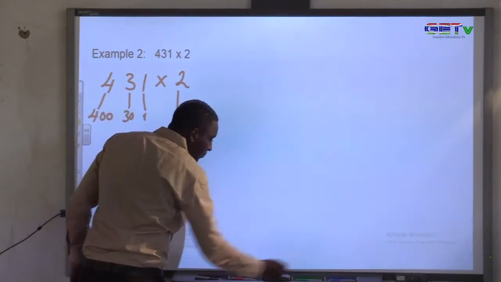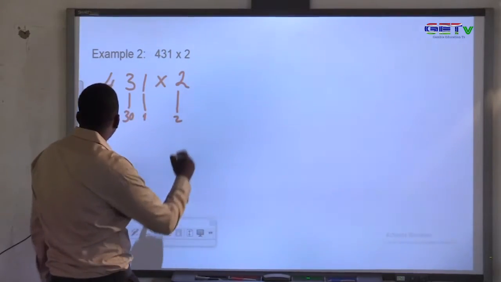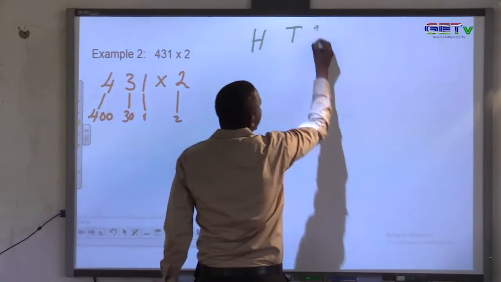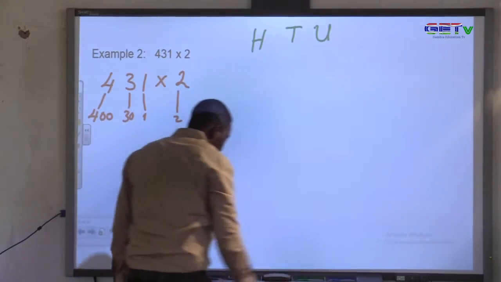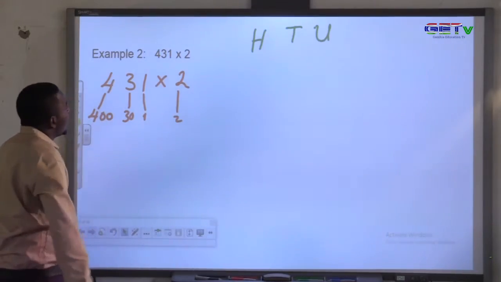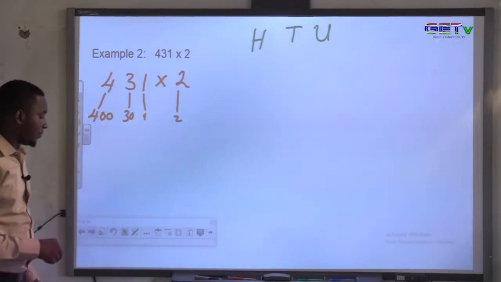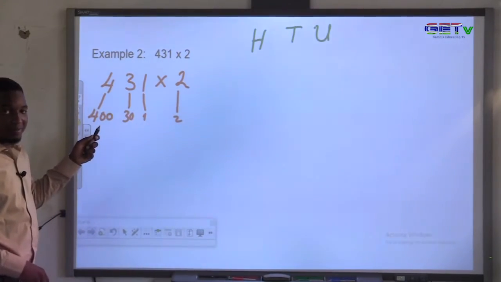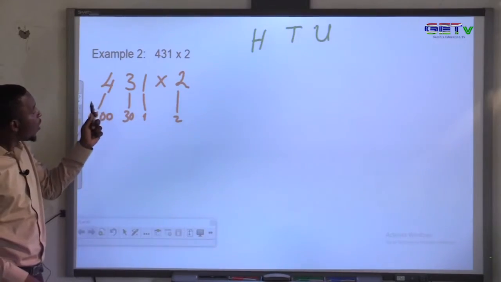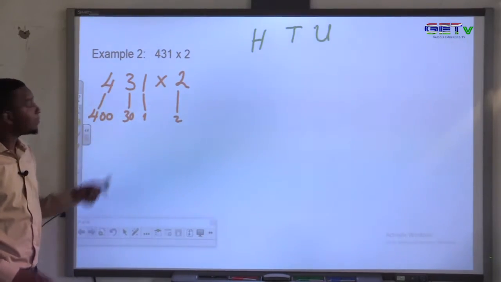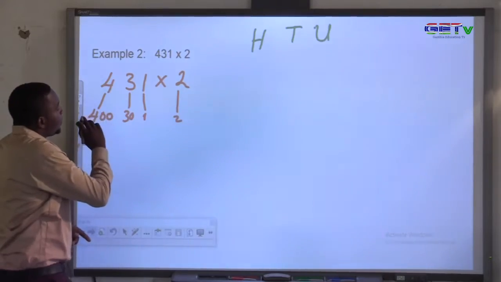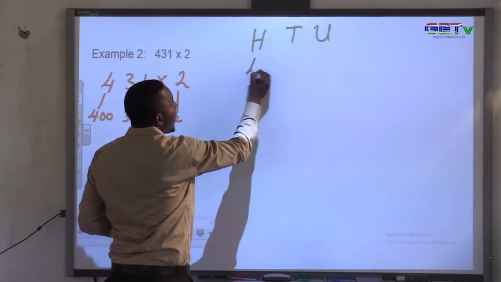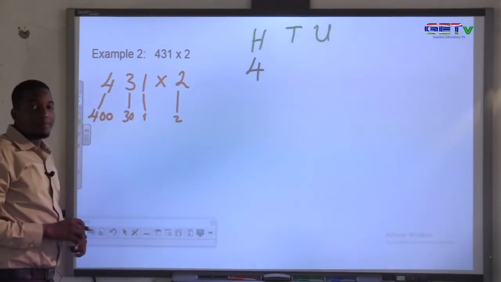So let's draw our column for 100, tens, and units. We look at 400. How many hundreds are in 400? There are 4 hundreds in 400. So the place value of 4 here will be under the 100 column.